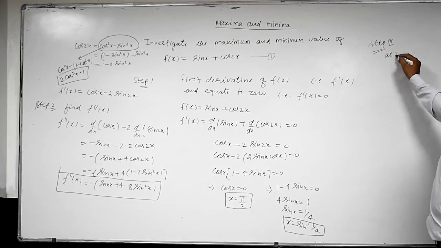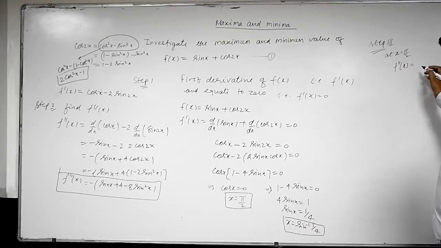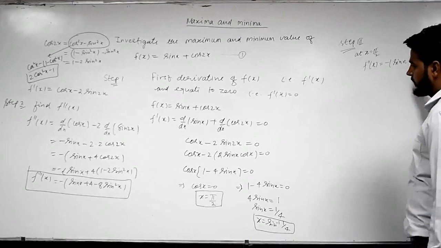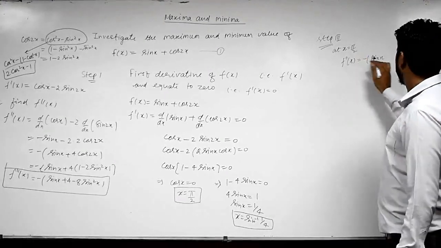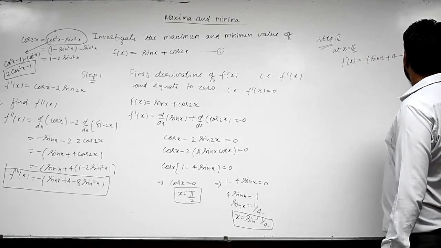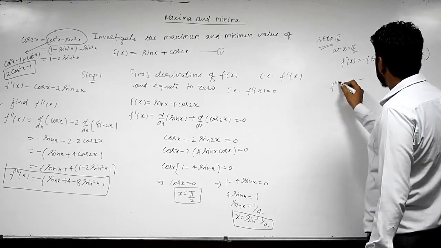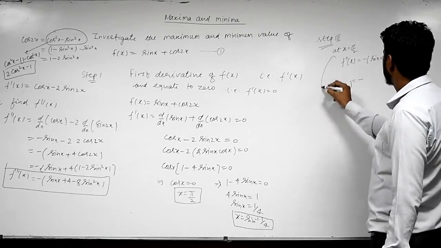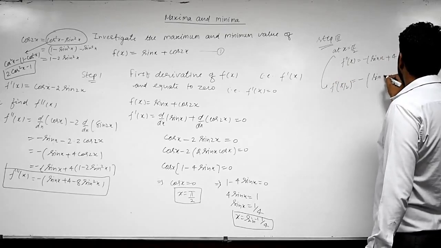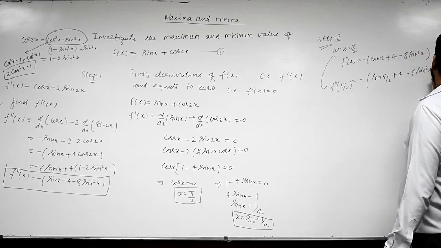At x = pi by 2, f''(x) is minus sin x plus 4 minus 8 sin square x. So f''(pi by 2) = minus sin pi by 2 plus 4 minus 8 sin square pi by 2.